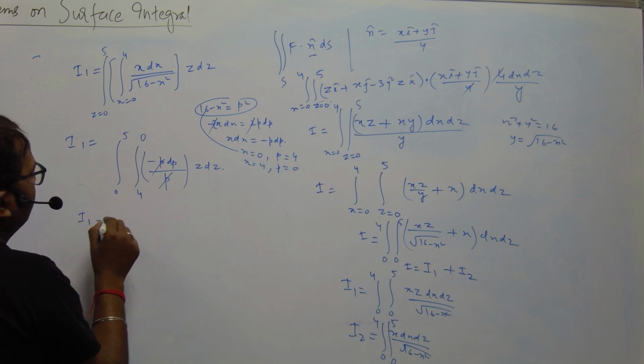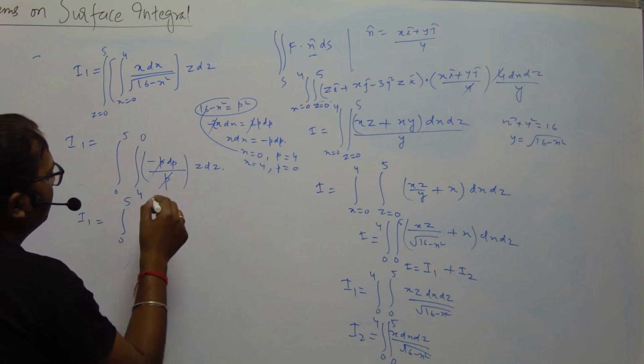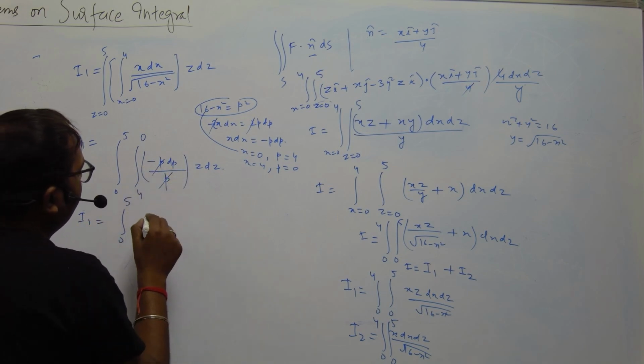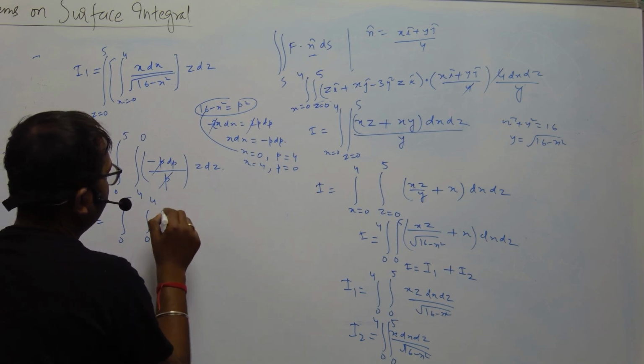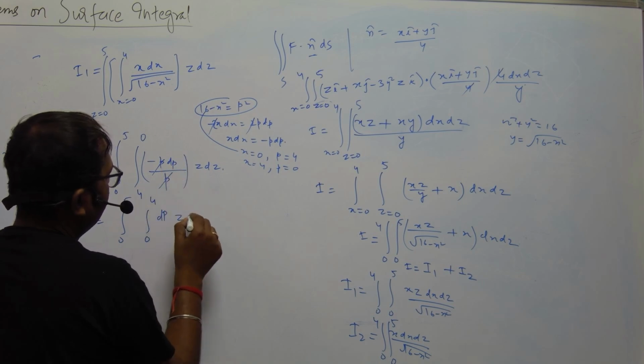This is a minus sign, so we can reverse the limits to 0 to 4.